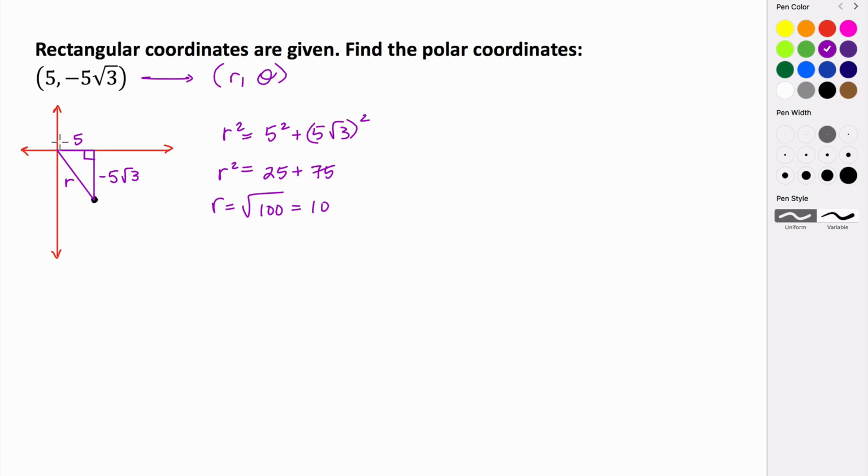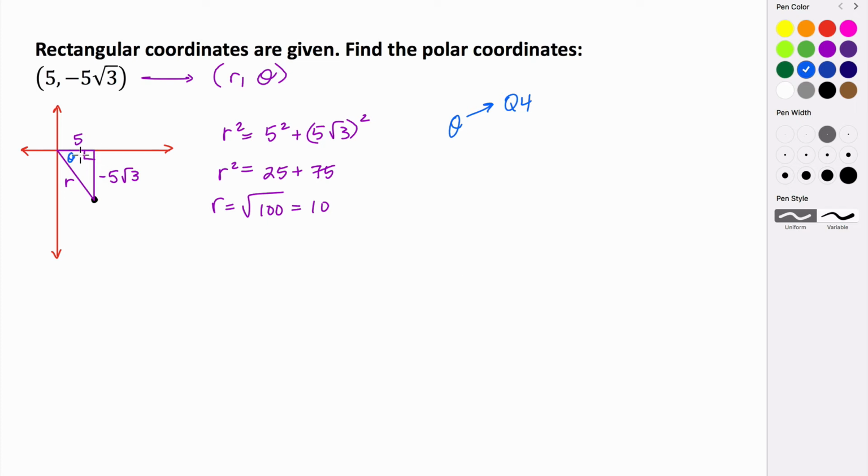And again, we just used the Pythagorean theorem and the fact that we knew the horizontal and vertical distance based on the coordinates here. Next, we want to try and find theta. So we found r. r is 10. For theta, we have to use the relationships that we know here. So this is theta, to try and find its value. So we know that theta is in quadrant 4, and we're only going to look for angle measures in quadrant 4.